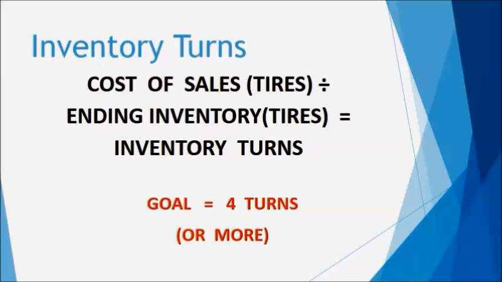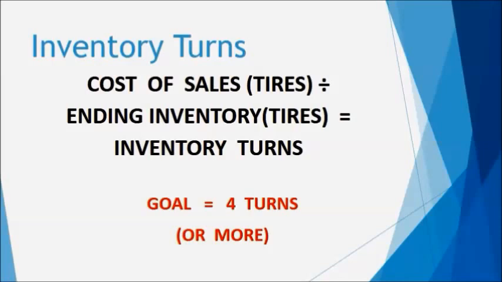And as you can see by this slide, it's not sales, it's cost of sales. What you pay for the product divided by ending inventory. And you do this by category. As you can see by this slide, we have cost of sales tires divided by ending inventory tires equals inventory turns.